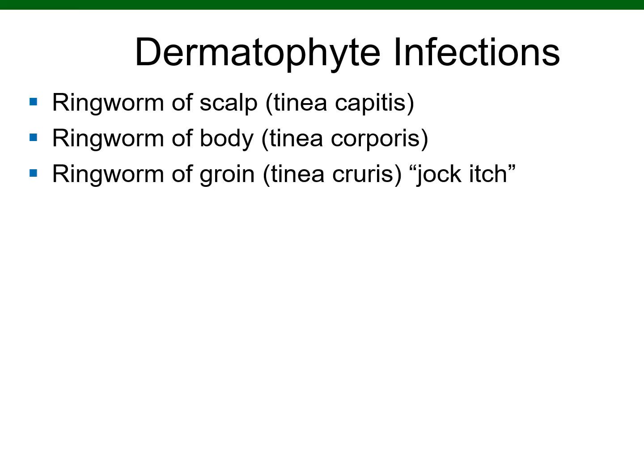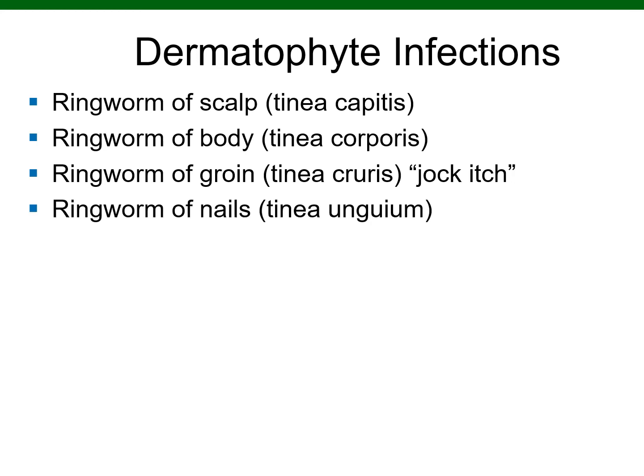There can be so-called Tinea cruris, which is basically commonly referred to as jock itch. You can have fingernails and toenails that can be infected. Fungus is really difficult to treat in these areas. The species of whatever's causing it will get underneath, and medications don't easily get under the fingernails or the toenails.